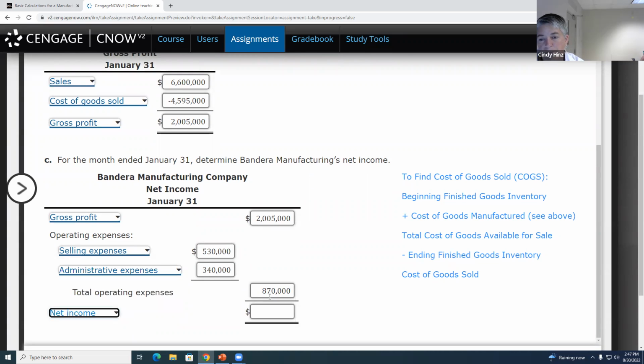Because their total operating expenses are less than their gross margin, they do have a positive income. In this case, $1,135,000.